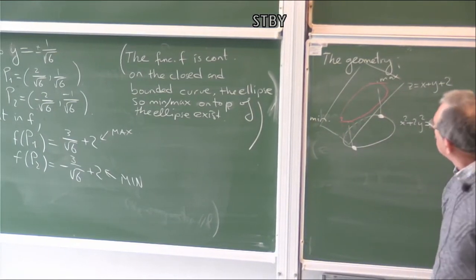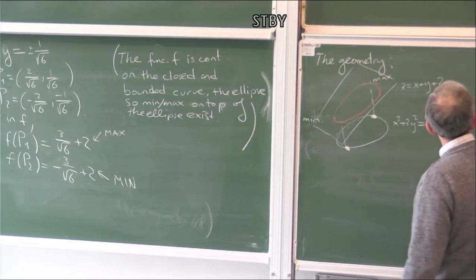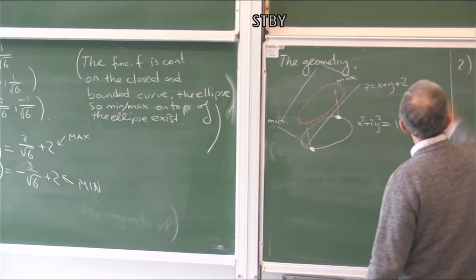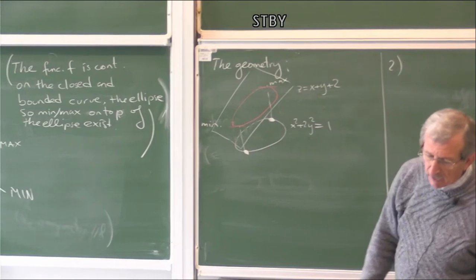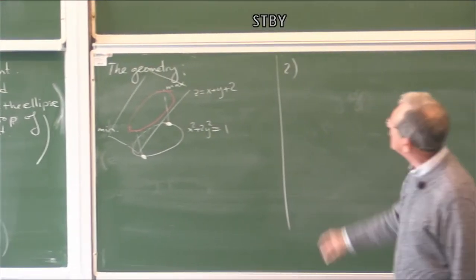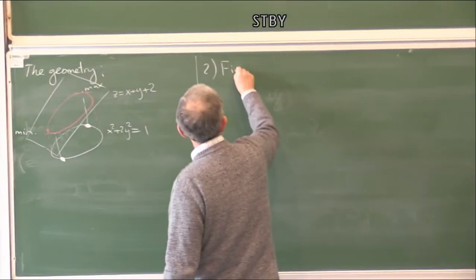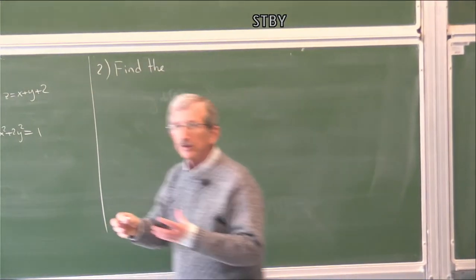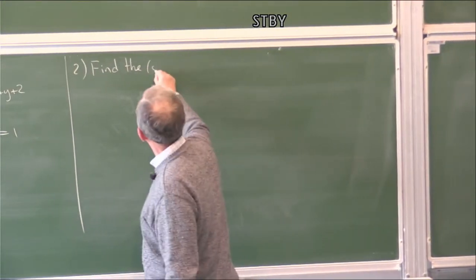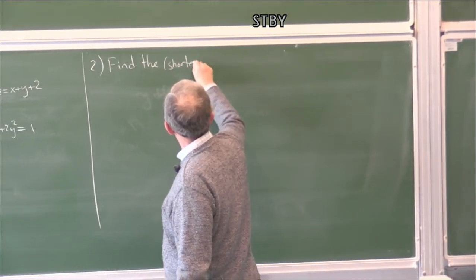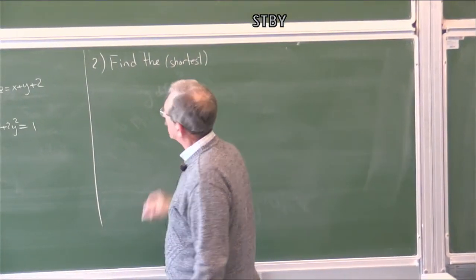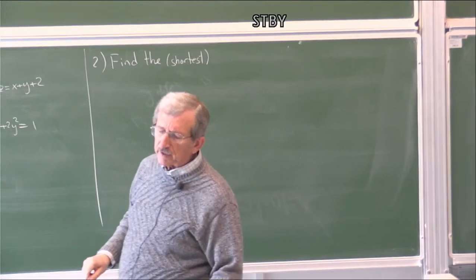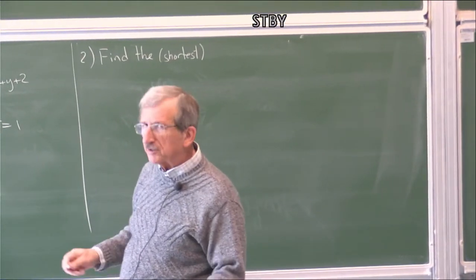Okay, let us now apply this method to a distance problem. Namely, let us find the distance. Okay, of course, the shortest all the time. It could be, in this example, the largest as well.